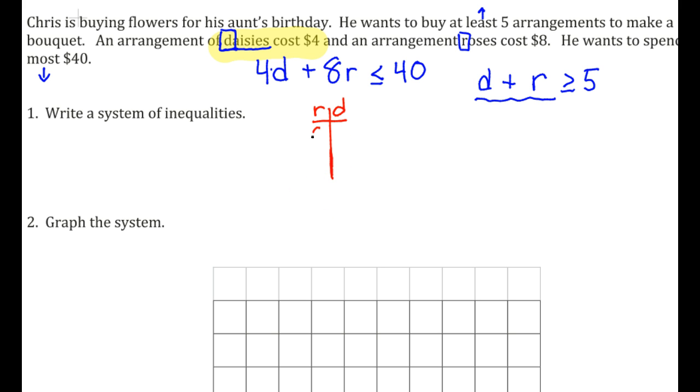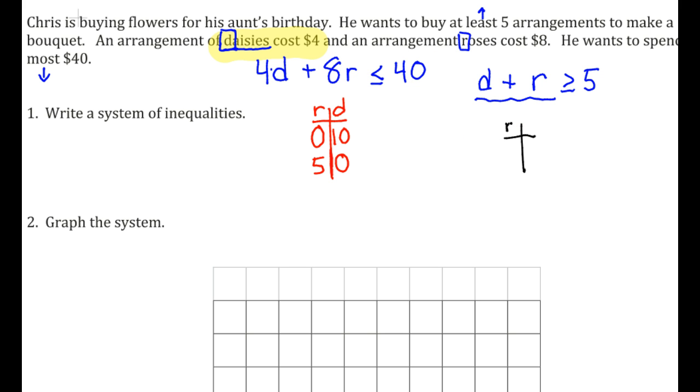So if I buy 0 roses, how many daisies can I afford with $40 exactly? So no roses, they're $4 a piece, I can afford 10. And then do the same thing but for the daisies. If I have 0 daisies, if I don't get any daisies, I'll go all roses, how many can I afford? 5. Just 5, right? And then of course do the same thing with the second one.